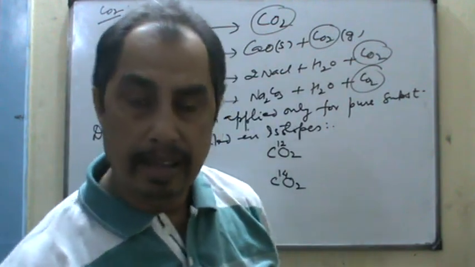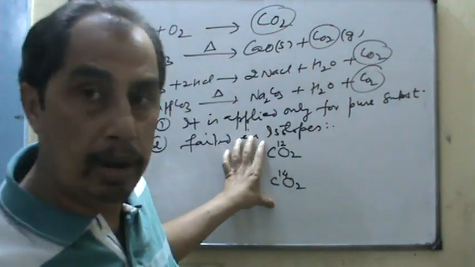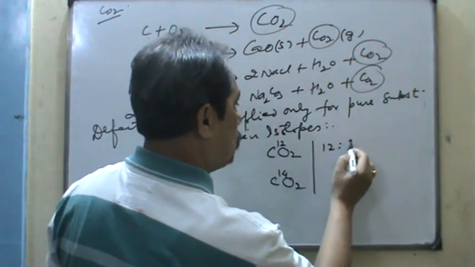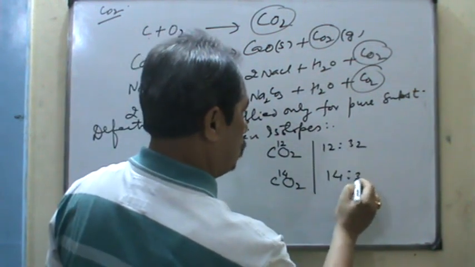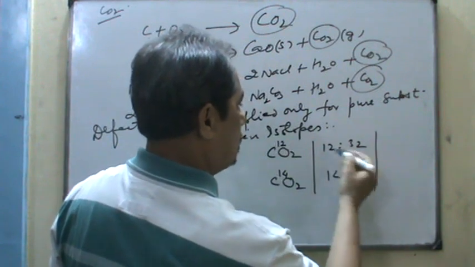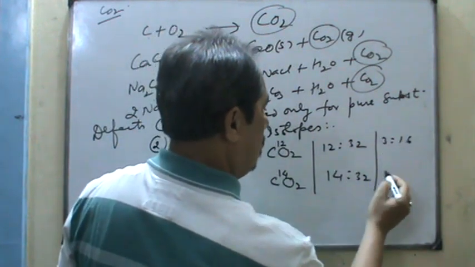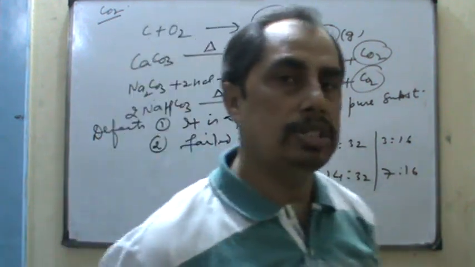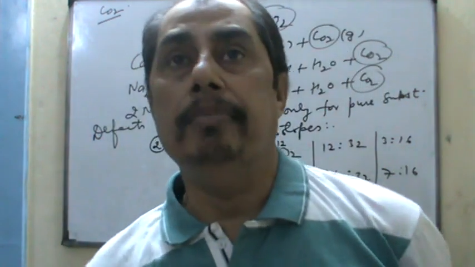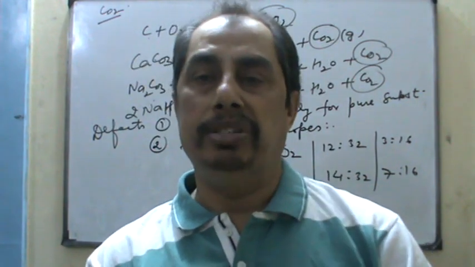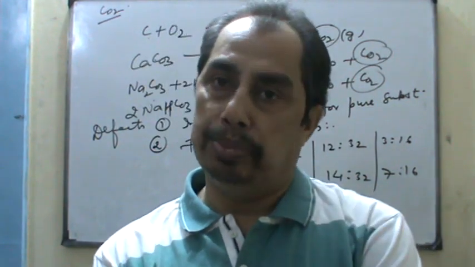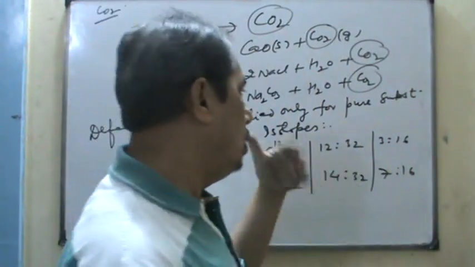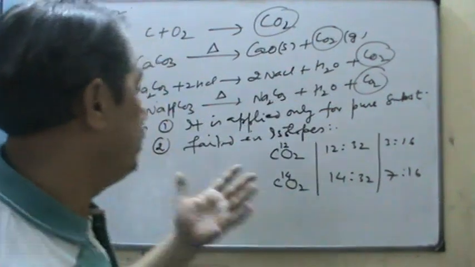Both are carbon, both can form carbon dioxide. But here, my dear students, what is the ratio? 12 to 32 and 14 to 32. The simplest ratio is 3 to 8 or 7 to 16. The ratio is not similar, but the compounds are the same. In a way you can say this law fails in the case of isotopes. But at the time, isotopes were not discovered, so it was not a drawback of this law then.